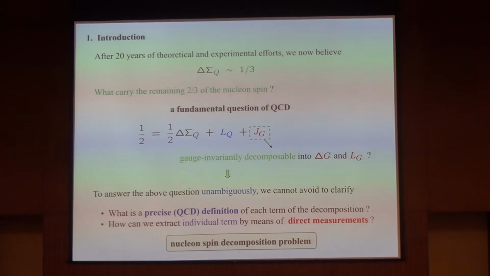To answer the above question without ambiguity, we cannot avoid clarifying the following questions. What is the precise definition of each term of the decomposition? And how can we extract each individual term by means of direct measurement? These are the core of the nucleon spin decomposition program.